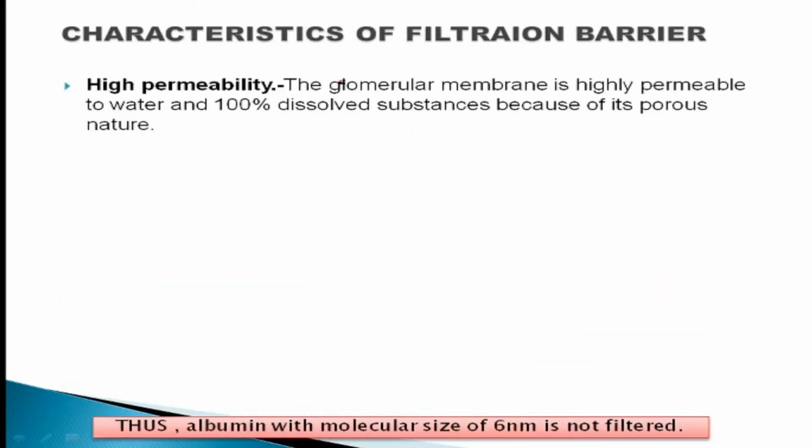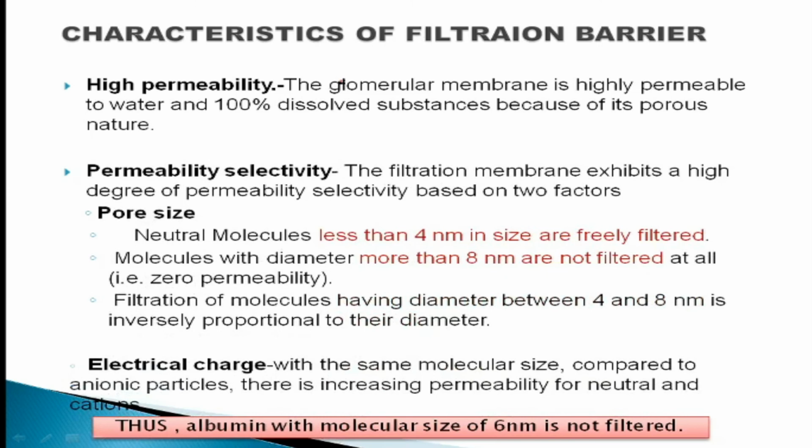So we have certain characteristics of the filtration barrier, as we are reading, that it is highly permeable. The important thing is that this permeability is also very selective. The thing to remember is the pore size.